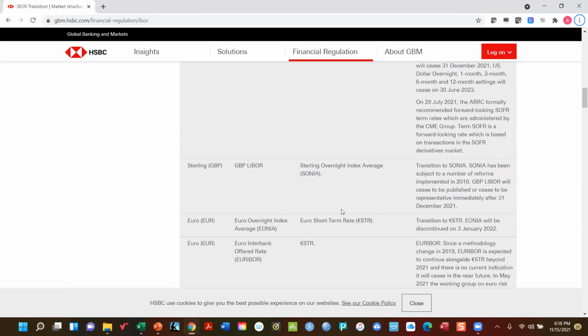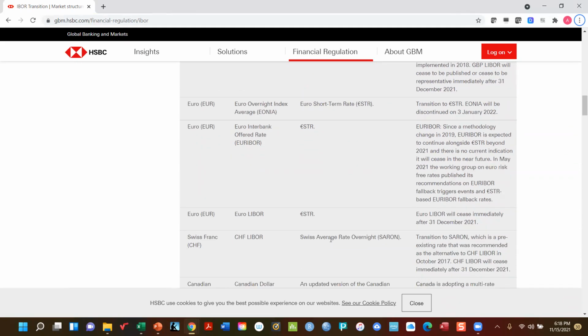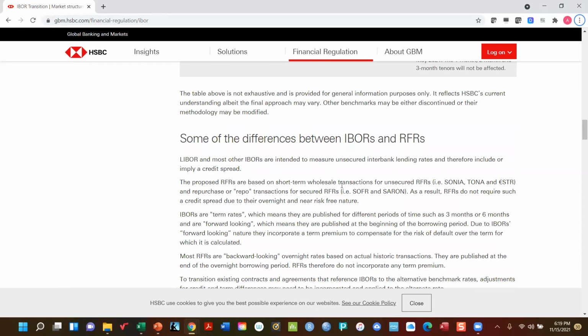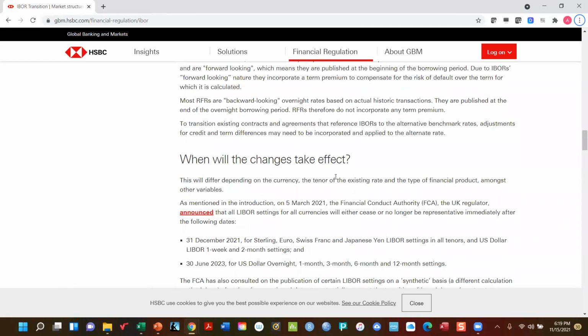The euro will use ESTR. Oh, I guess that would be pronounced Esther. The Swiss franc is SARON. The Canadian dollar will be CORRA. Oh. Well, you can see it's going to be confusing for a while.